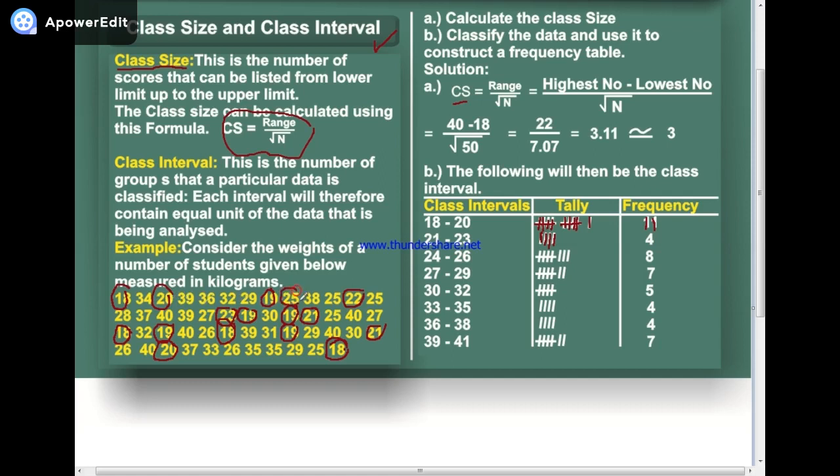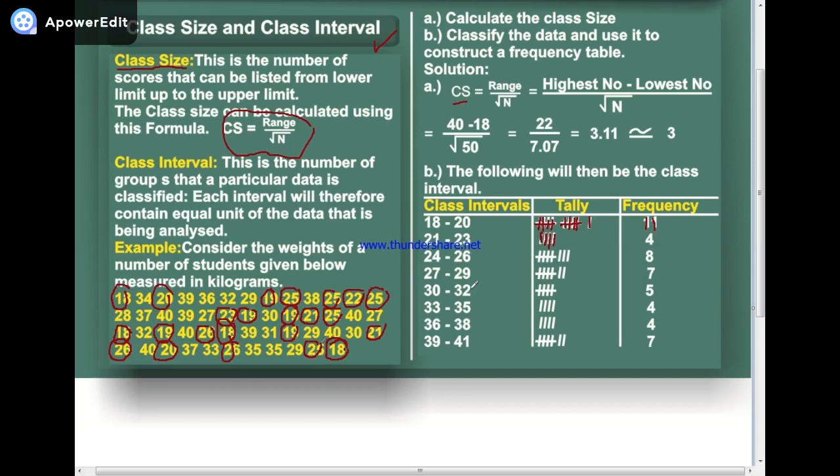We have 25. 1. 25 again 2, 25 again 3, 25 again 4, 26, 5, 26 again 6, 26 again 7, 25 again 8.